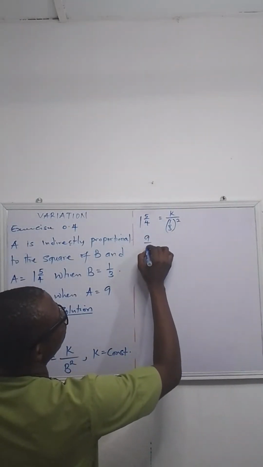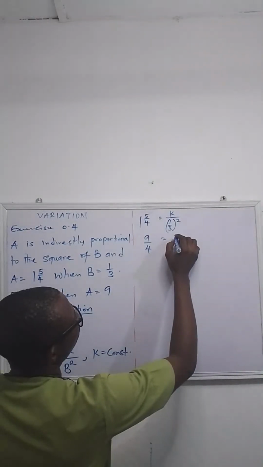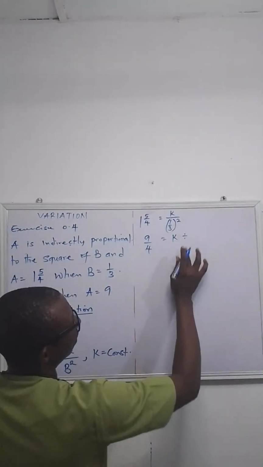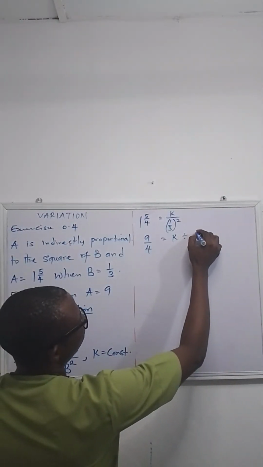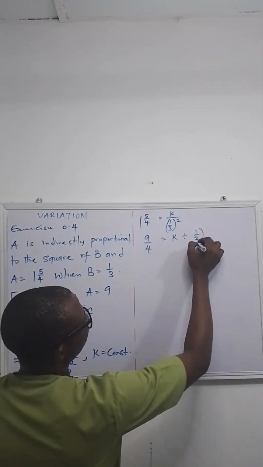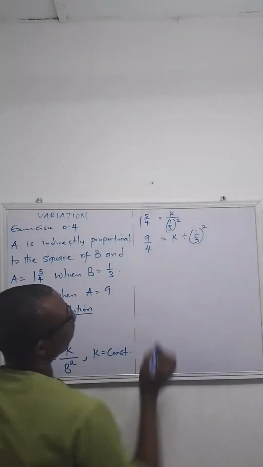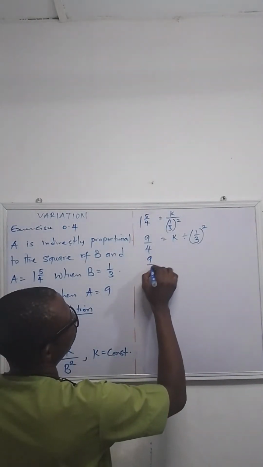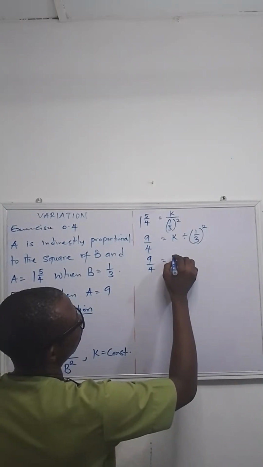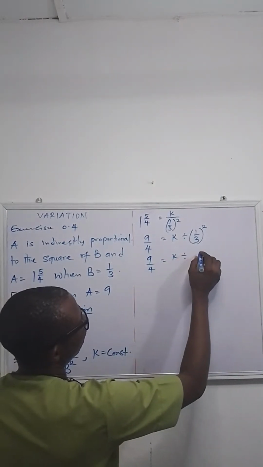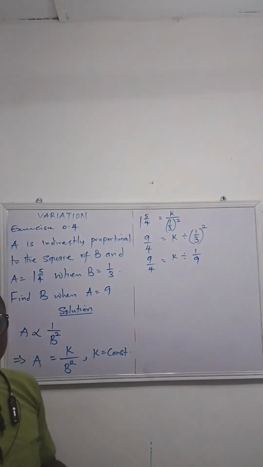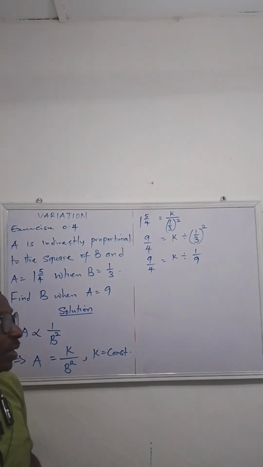That's 9 over 4 equals K divided by 1 over 3 squared. Can you see that now? So now this is 9 over 4 equals K divided by 1 over 9. Now this is 1 over 3 times 1 over 3. That gives you 1 over 9.